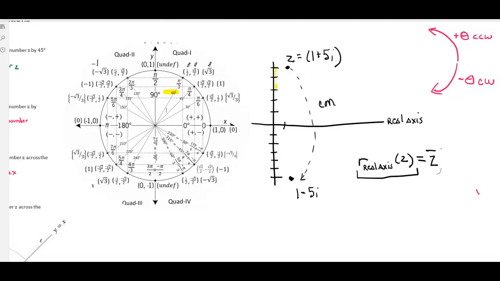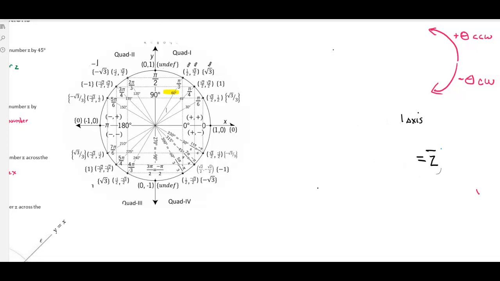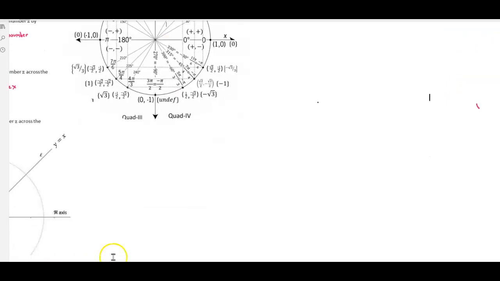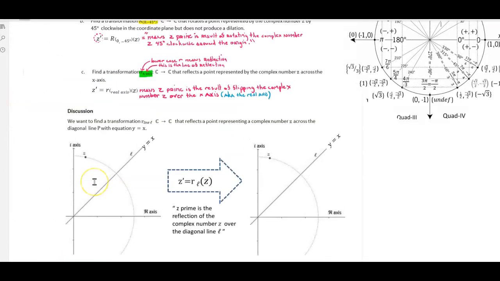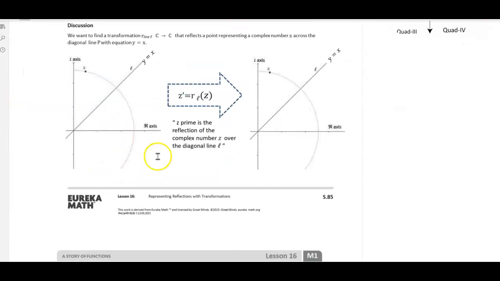All right. So what we're trying to do today is instead of flipping it over the real axis, we're trying to flip it over any line. Okay, so if you look at what we're doing here, we want to take this point Z and we want to come up with a transformation.